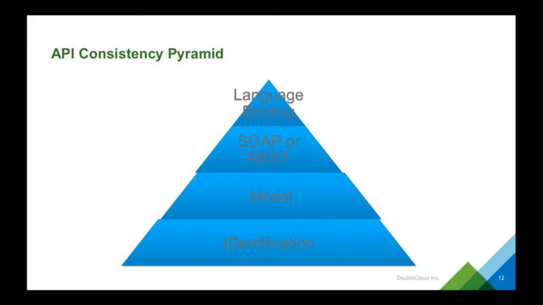On top of that, you'd like a similar or the same modeling style. Then you can talk about whether it's SOAP or REST, which in my opinion is important, but not that important. I'll show you why next. Then you have the different language bindings. If you can achieve those consistencies, then the API is unified, and you have a very good, consistent user experience.